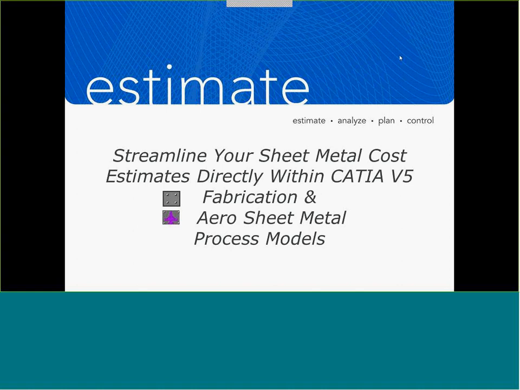It's our pleasure to have Joe Falqui, Product Director, and Dr. Chris Rush, Product Lead at Galarath Incorporated with us. They will be taking us through today's webinar, Streamline Your Sheet Metal Cost Estimates Directly within CATIA V5. Sheet Metal Cost Estimator interface provides a way to simplify the creation of sheet metal cost estimates directly from within CATIA.